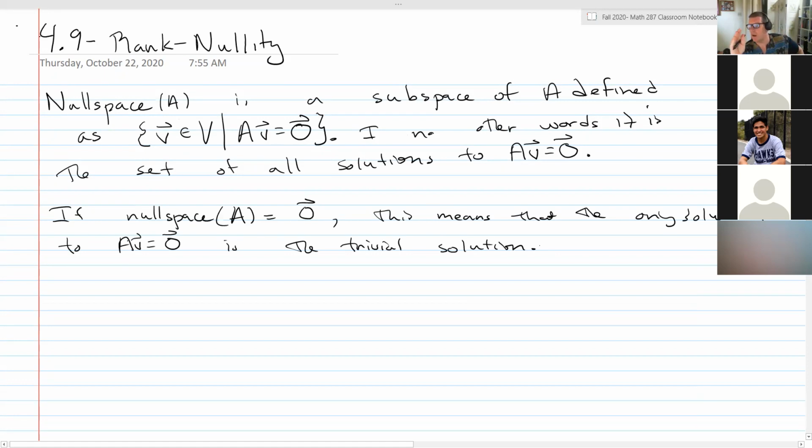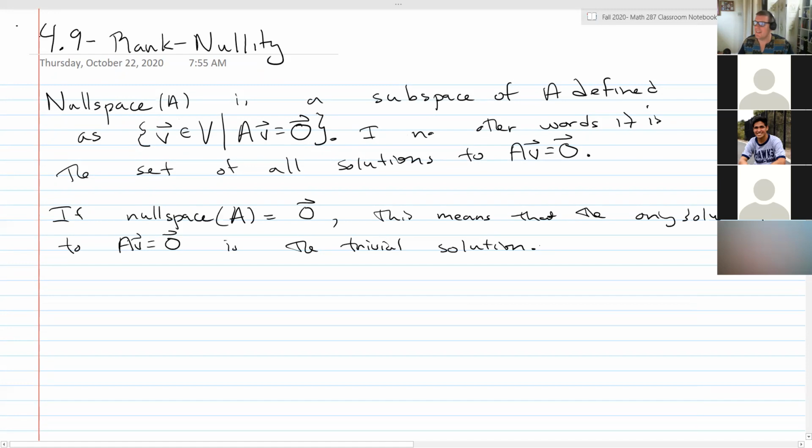So the null space of A equaling 0 implies that the whole set of solutions to Av equals 0 is just the 0 vector. And so if the null space of A is just the 0 vector, then the only solution to Av equals 0 is the trivial solution.